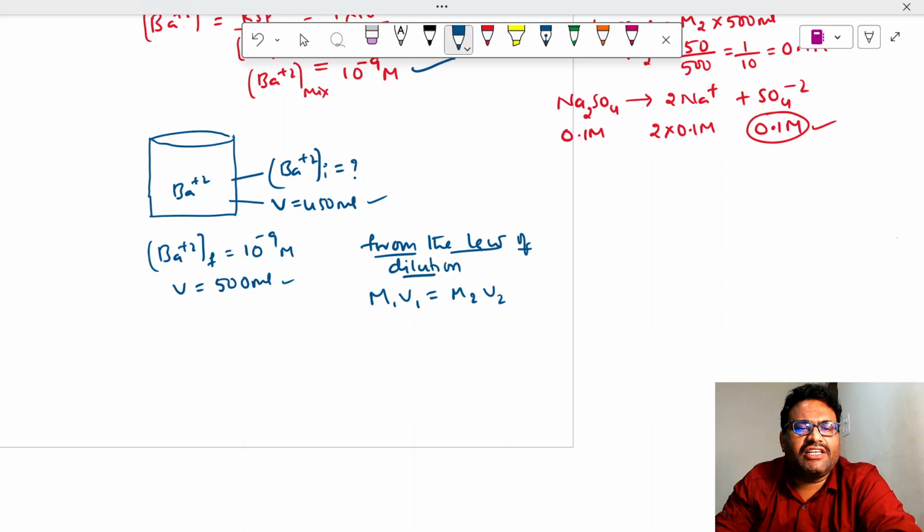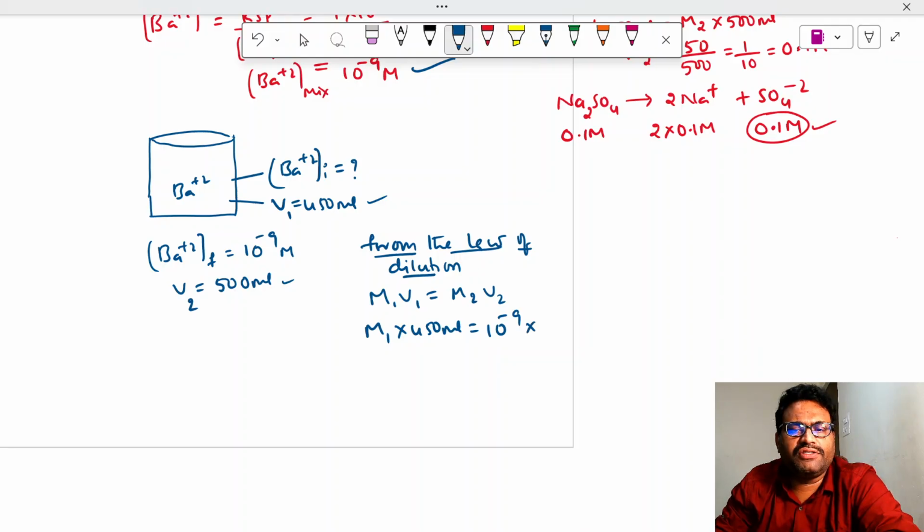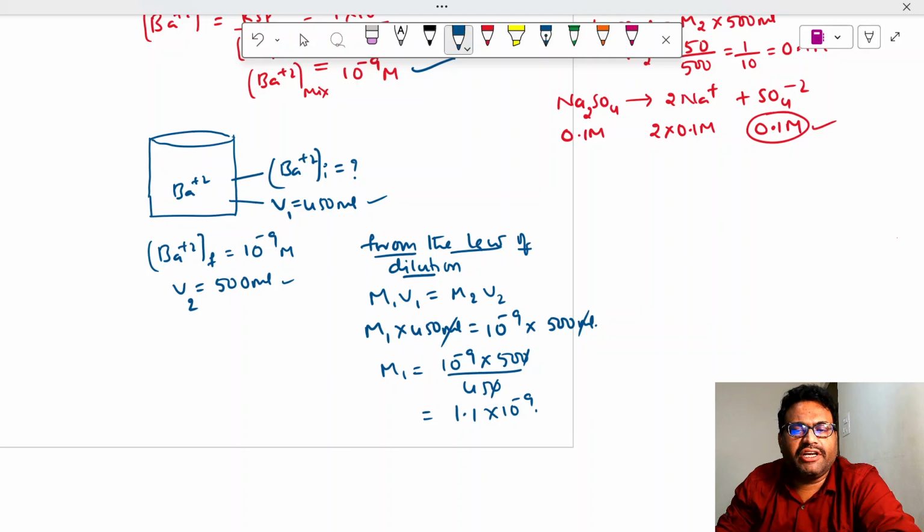So let us take this as 1 and this as 2. M1 we want, V1 is 450 ml. M2 we know, 10 power minus 9, into volume 500 ml. ml cancels and M1 is equal to 10 power minus 9 into 500 by 450. On calculating, what you get is 1.1 into 10 power minus 9 molar.